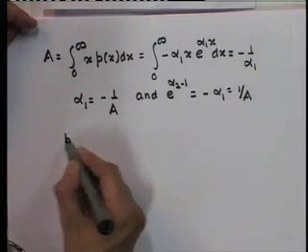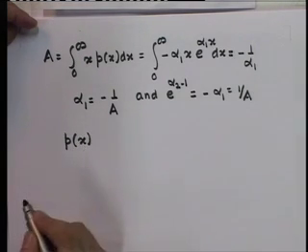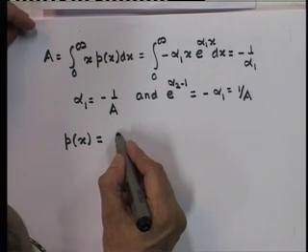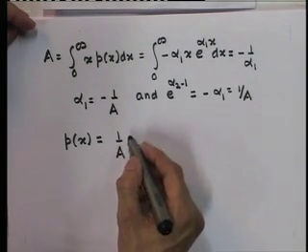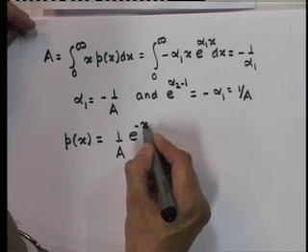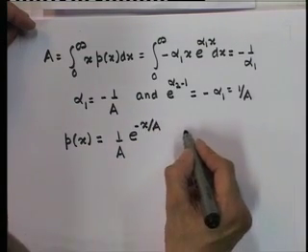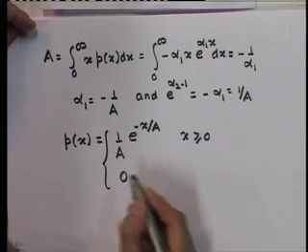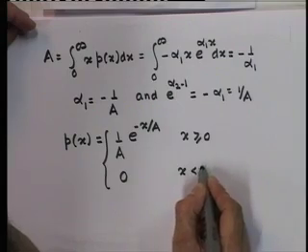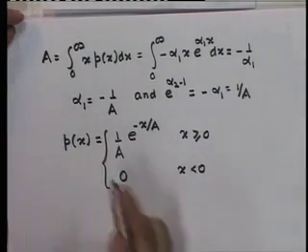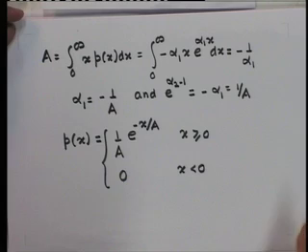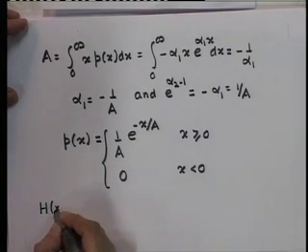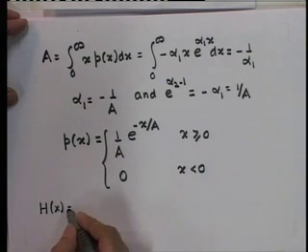Therefore, the PDF which will maximize the differential entropy is given as 1 by a e raised to minus x by a for x greater than or equal to 0 and is equal to 0 for x less than 0. Now, for this PDF, we can evaluate the differential entropy as follows.